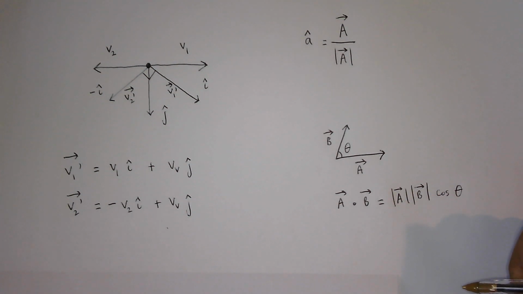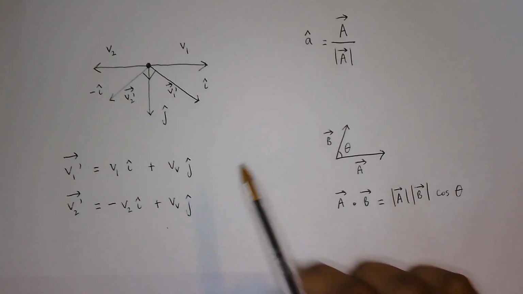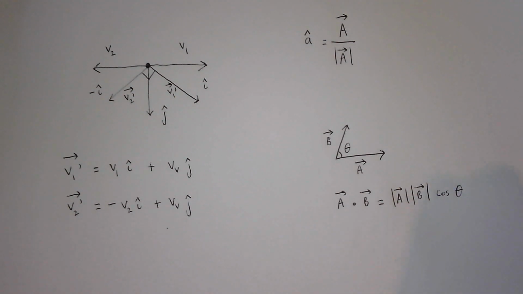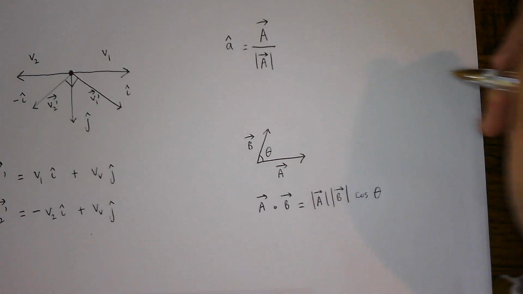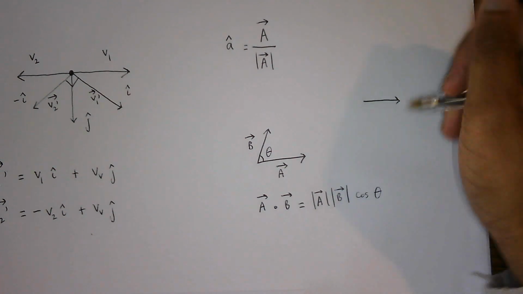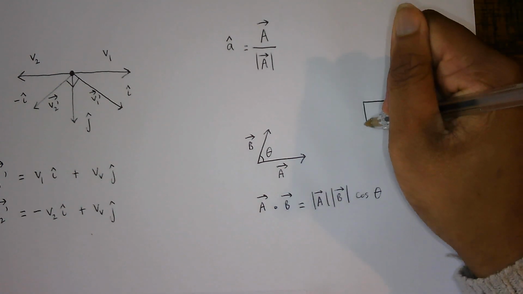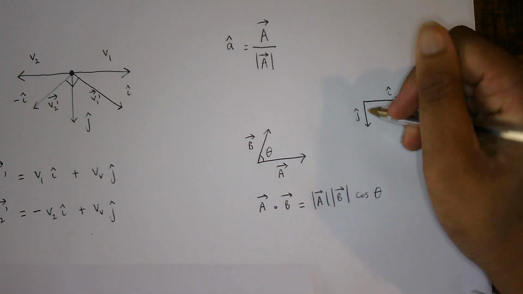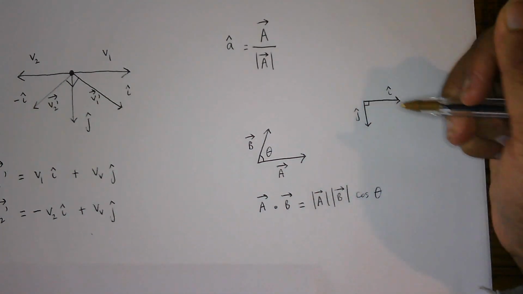And the way we can apply that here is we know the unit vectors I and J. I'll draw I and J over here. Here's I, and here's J. We notice that the angle between them is 90 degrees.